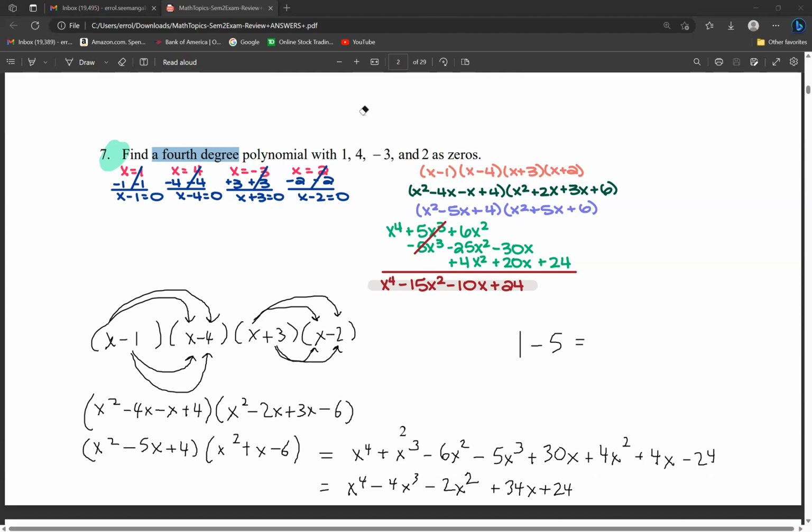See, there's our fourth degree polynomial. Fourth degree has to be the highest degree. x⁴ minus 4x³ minus 2x² plus 34x minus 24. So that's just a whole bunch of distributive property.